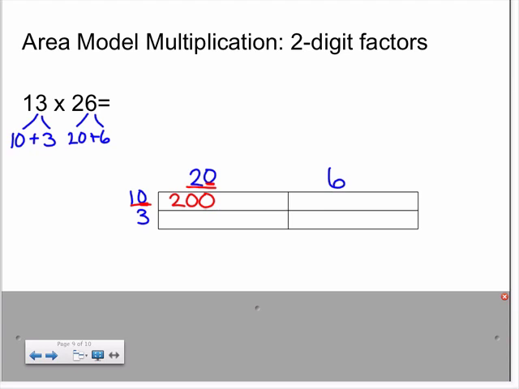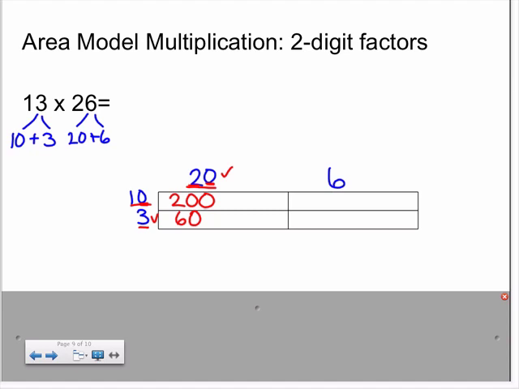Let's now multiply 20 times 3. We know that 2 times 3 equals 6, and I need to add 1 0 to compensate for the 0 in our factor 20. I'm left with 60. 20 times 3 equals 60.